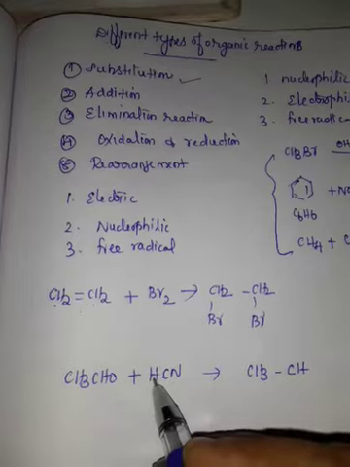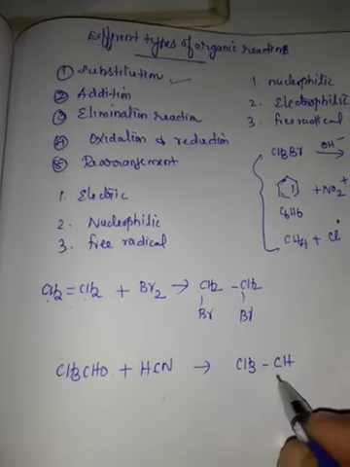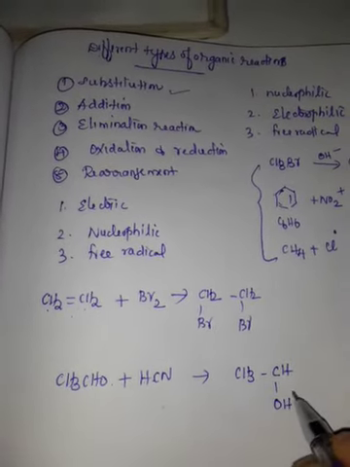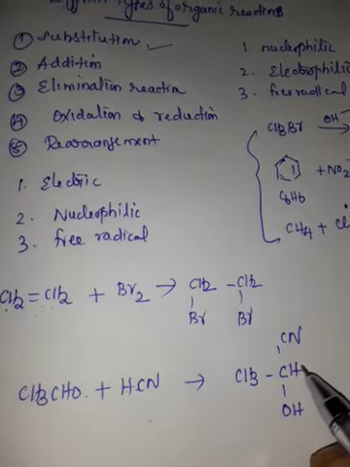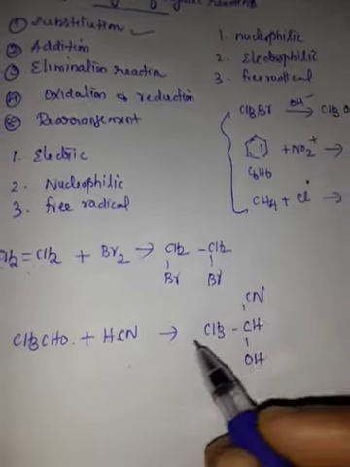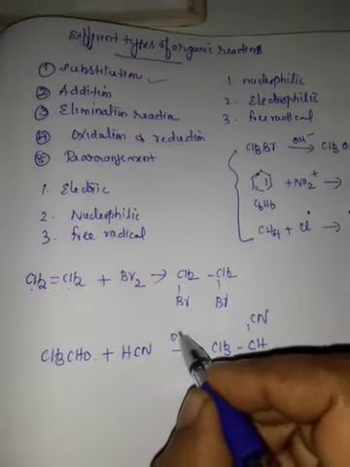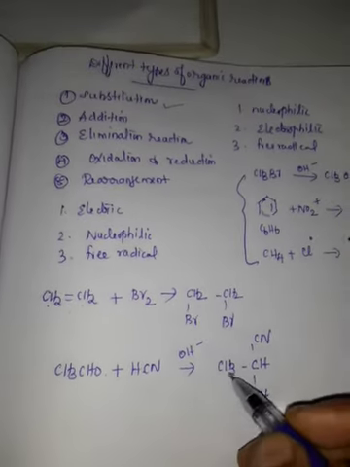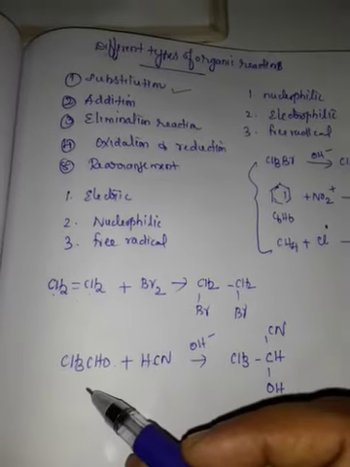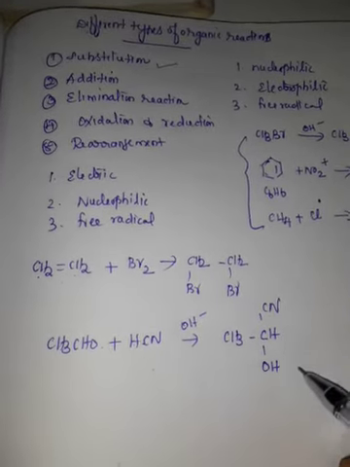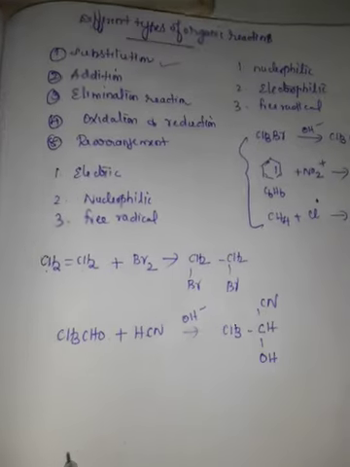Here this H combines with the O, forming OH, then CN. Acetaldehyde cyanohydrin, just added in the presence of a nucleophile, OH minus. So this is acetaldehyde, this is acetaldehyde cyanohydrin, just added.